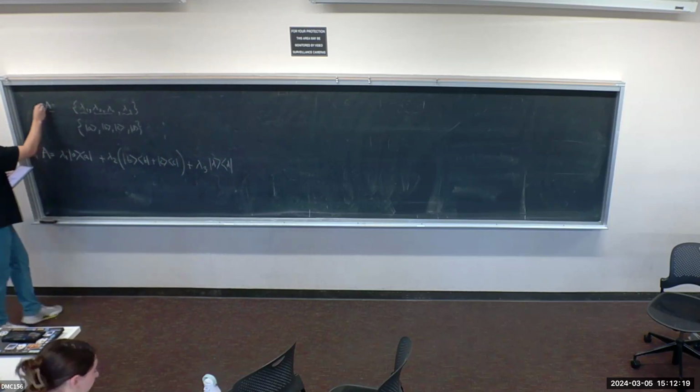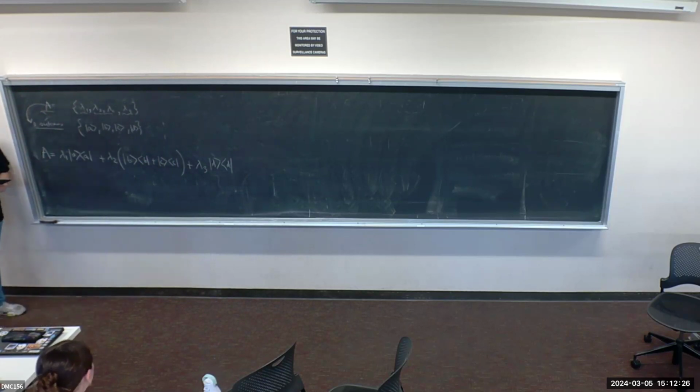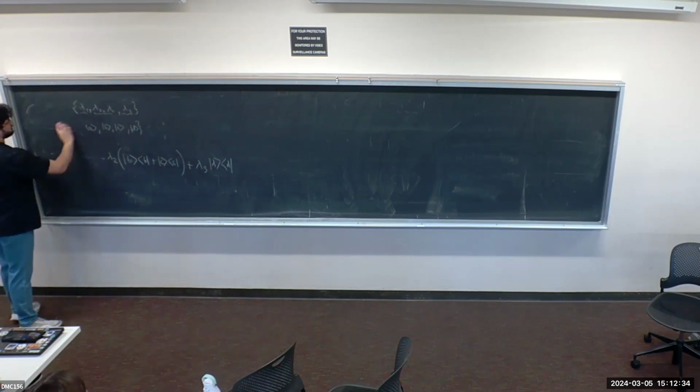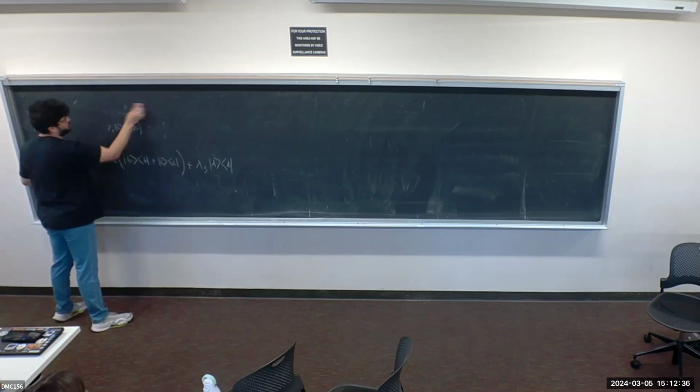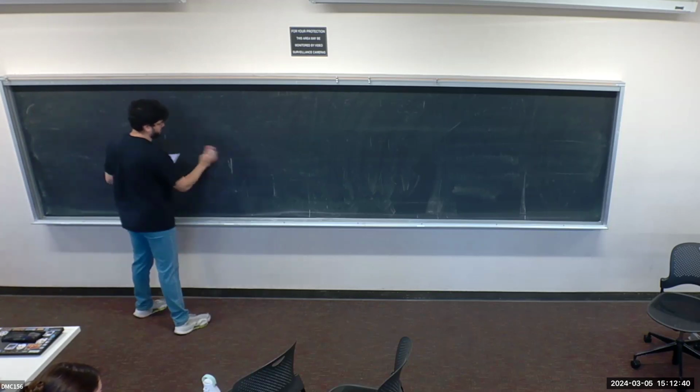So measuring A will have three outcomes: lambda 1, lambda 2, and lambda 3. So remember to check for the degeneracy in a Hermitian operator.